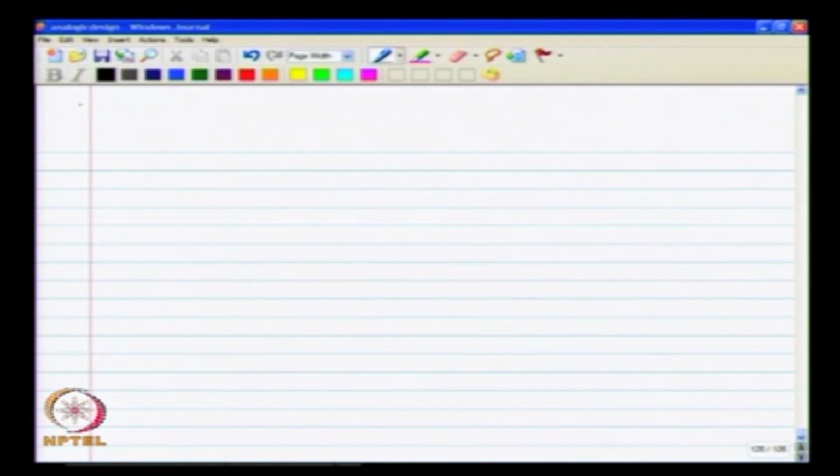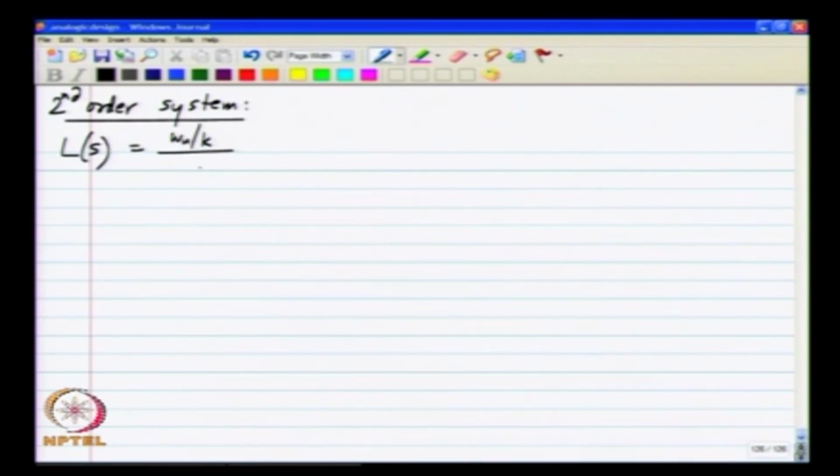So, first let us consider the second order system whose loop gain is omega u by k divided by s, and in general it is some unity loop gain frequency omega u loop, omega u loop by s, times 1 by 1 plus s by p 2.